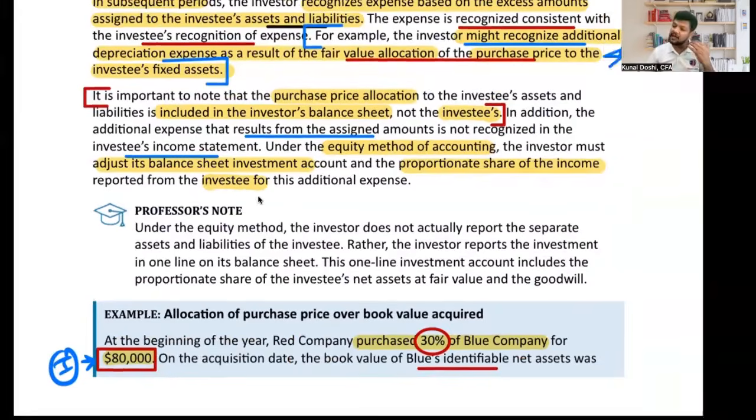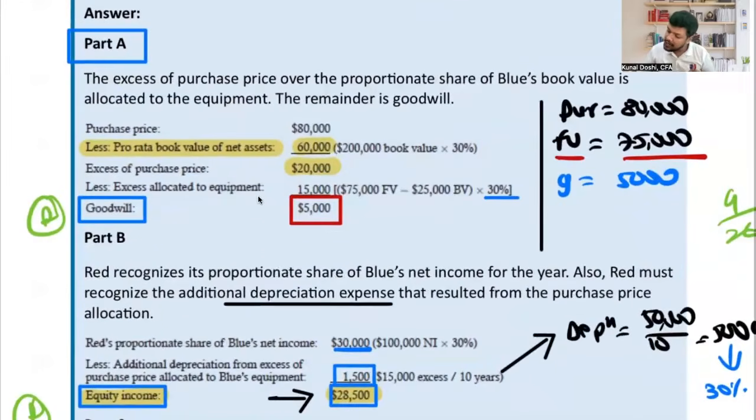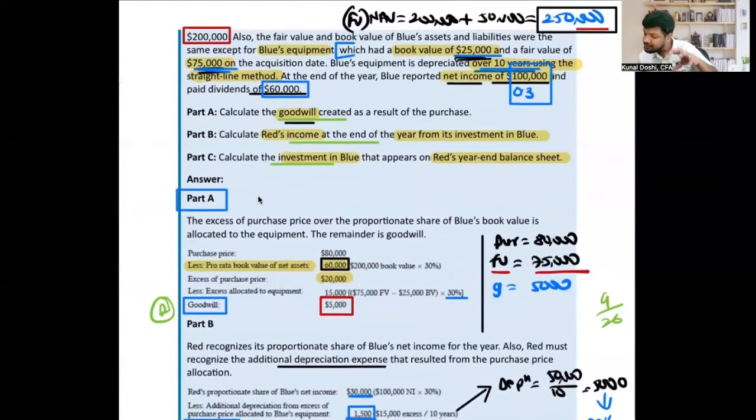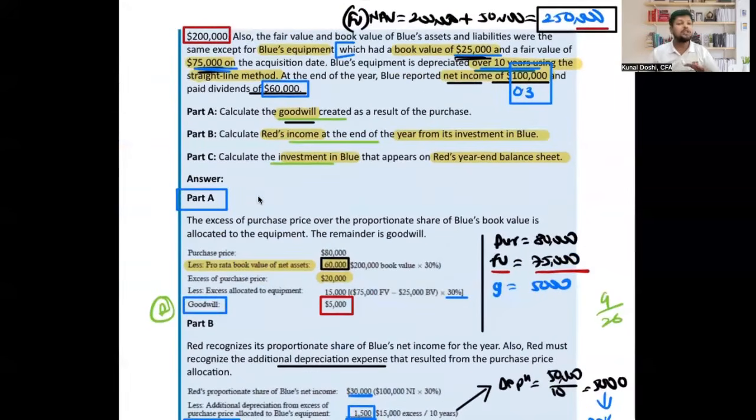So what is the process of calculating goodwill here? There are two ways of calculating goodwill that we saw. One is that whatever is the purchase price, from that we subtract the pro rata book value of net assets. The book value after adjustments, 200 plus 50, was 250,000.